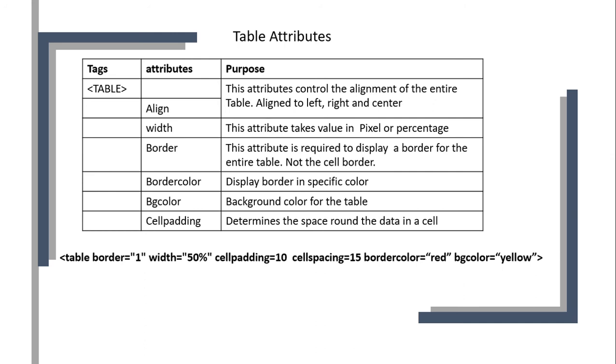Cell spacing means in your table, whenever we create different columns, and within those columns we want to keep spacing between two cells, at that time we use the cell spacing attribute. So a table has align, width, border, border color, BG color, cell padding, cell spacing. These are your attributes. All these things we have completed in this session.